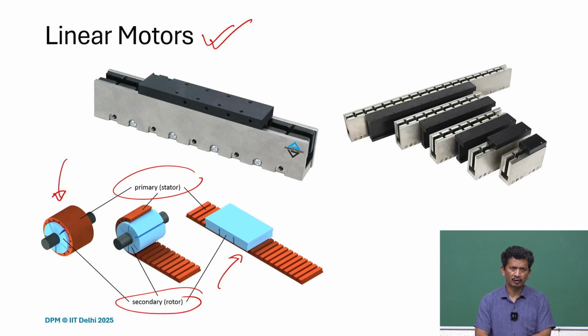Earlier, or more often, we use rotary motors because of the availability. We can find them easily, and the cost is also very low compared to linear motors. So one tries to use rotary motors with a transmission. But of course, if you want a direct drive and want to get rid of those issues, we may like to go for linear motors.